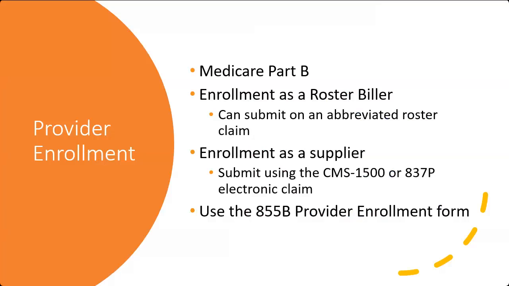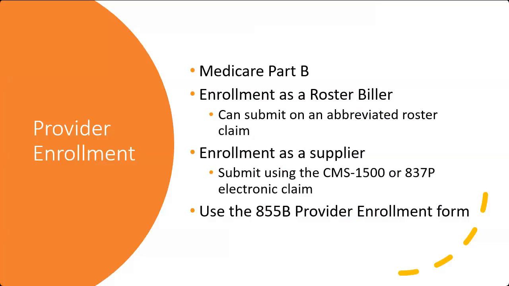For roster billers, and a roster biller is a provider who is submitting for more than one patient on the same claim, you can submit an abbreviated CMS 1500 form that allows you to submit one claim for multiple patients. Since people are billing most often electronically, this is not as common.